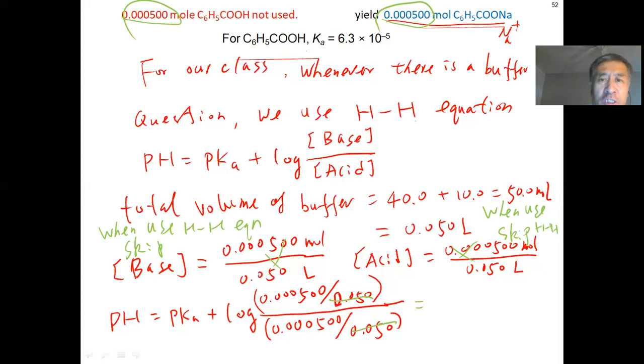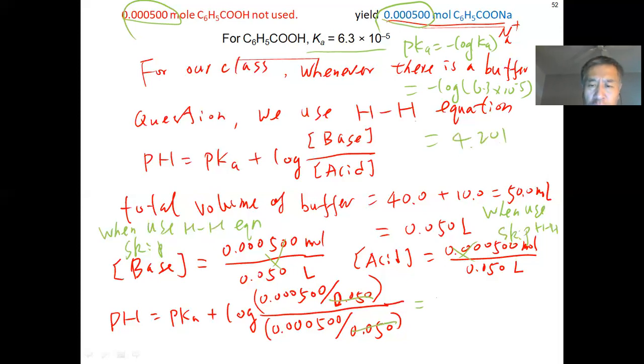So we see this is Ka. Therefore, pKa equals negative log of Ka. You plug those numbers in, so you have negative log of 6.3 times 10 to the negative 5. That will give us 4.201. So we'll put here 4.201.